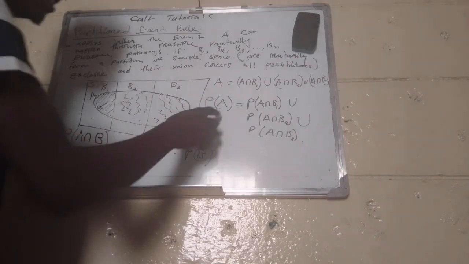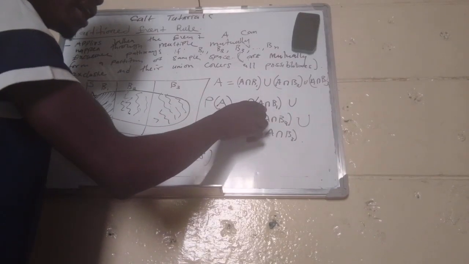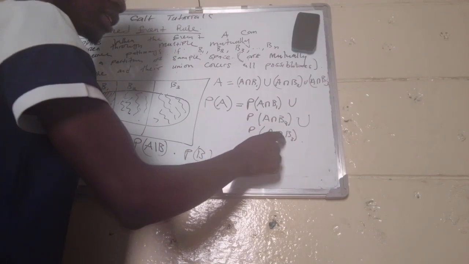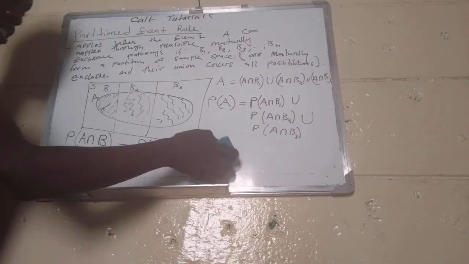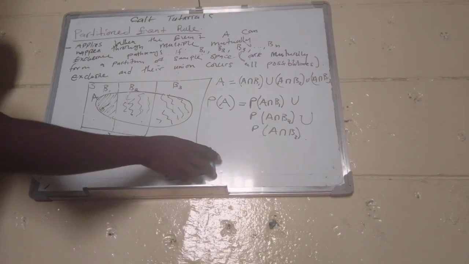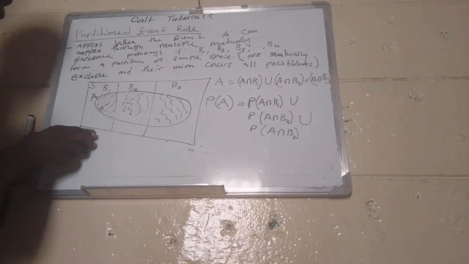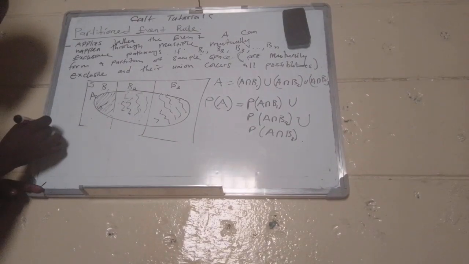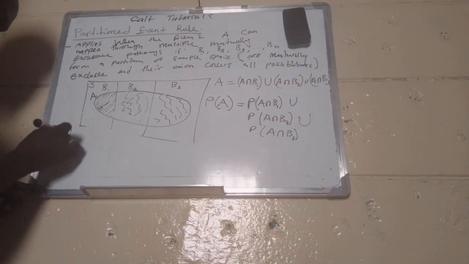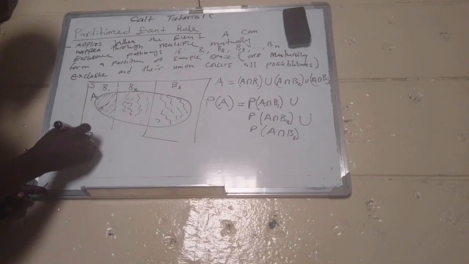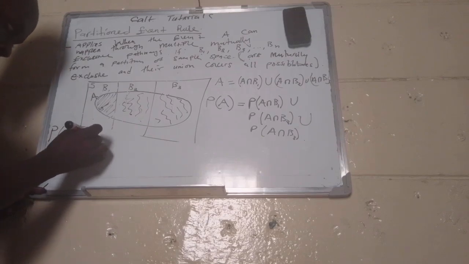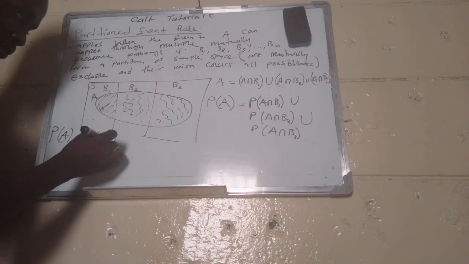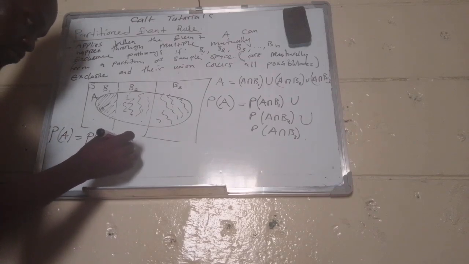So if the probability of A is equal to probability of A intersection B1 union probability of A intersection B2 union A intersection B3, I can simply say that probability of A is equal to probability of A given B1 multiplied by probability of B1.